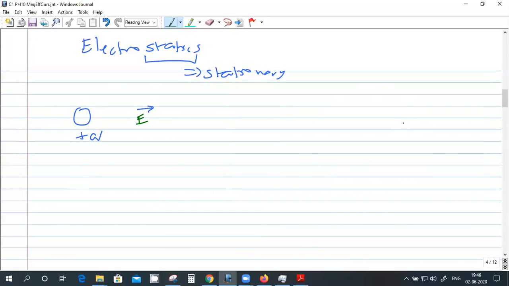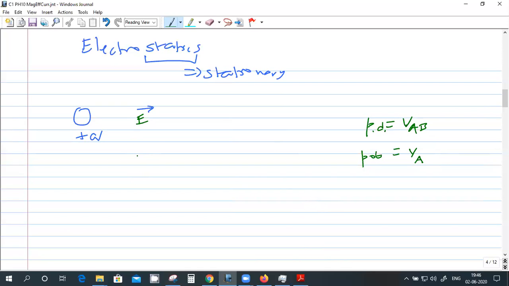Potential difference would be V, voltage. So potential difference is V between two points A and B. Potential at point A. Right. So electric field.